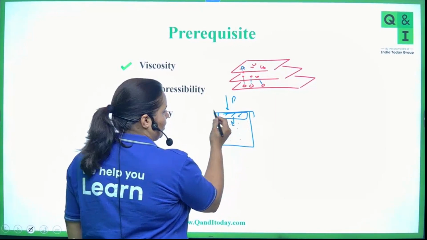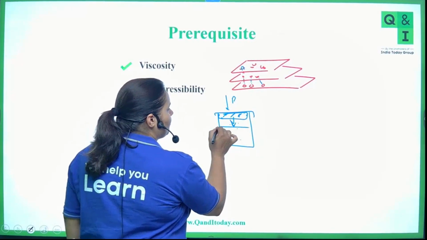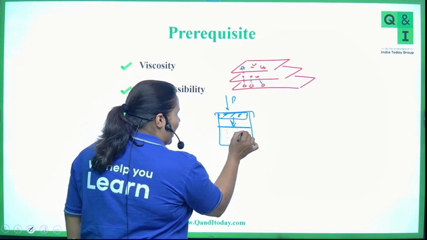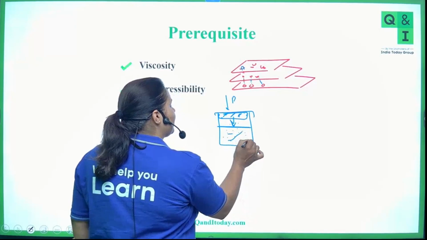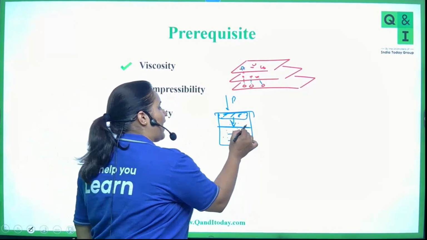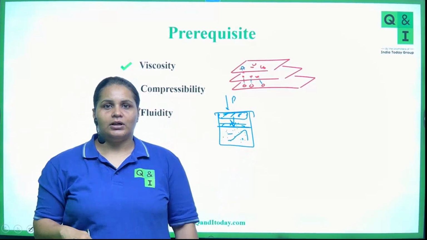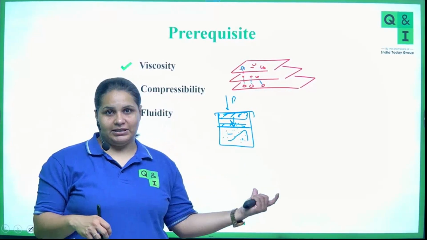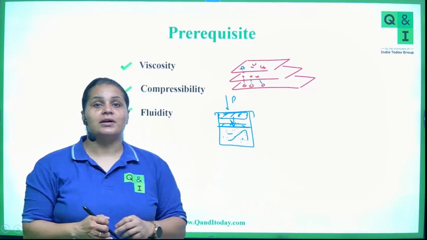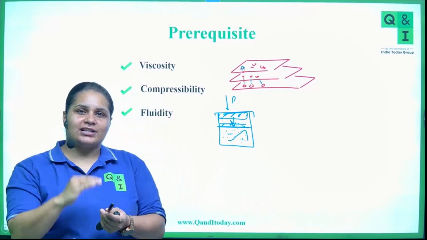The piston in this container moves down. When it moves down, the gas will be accommodated only in this much volume, right? So this is compressibility, the ability of a substance to be accommodated in less volume.